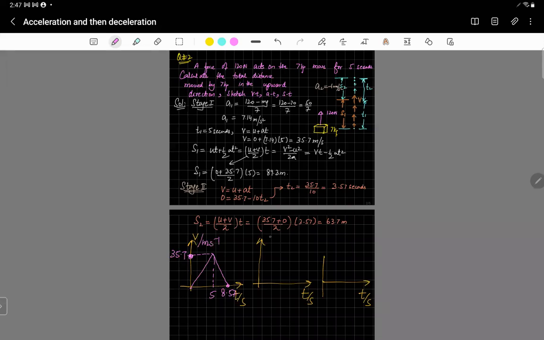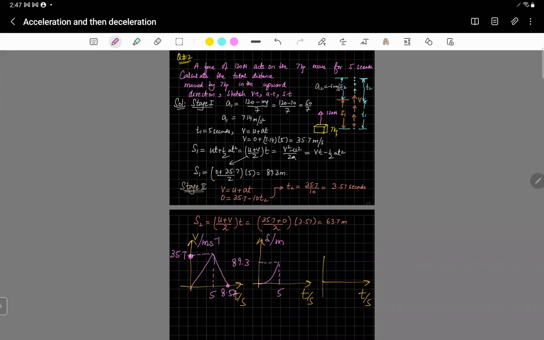Now displacement: we know it's 89.3 meters in the first stage. Then please add 89.3 with 63.7.